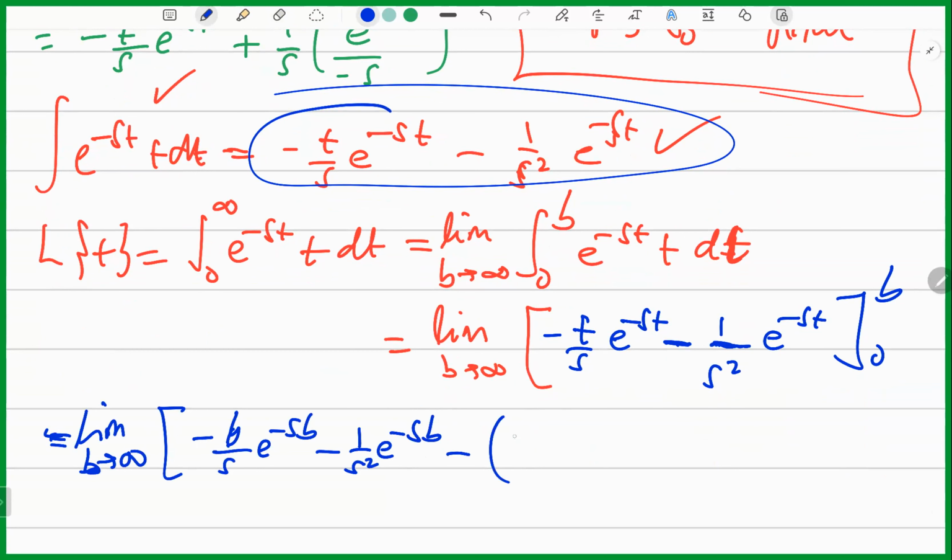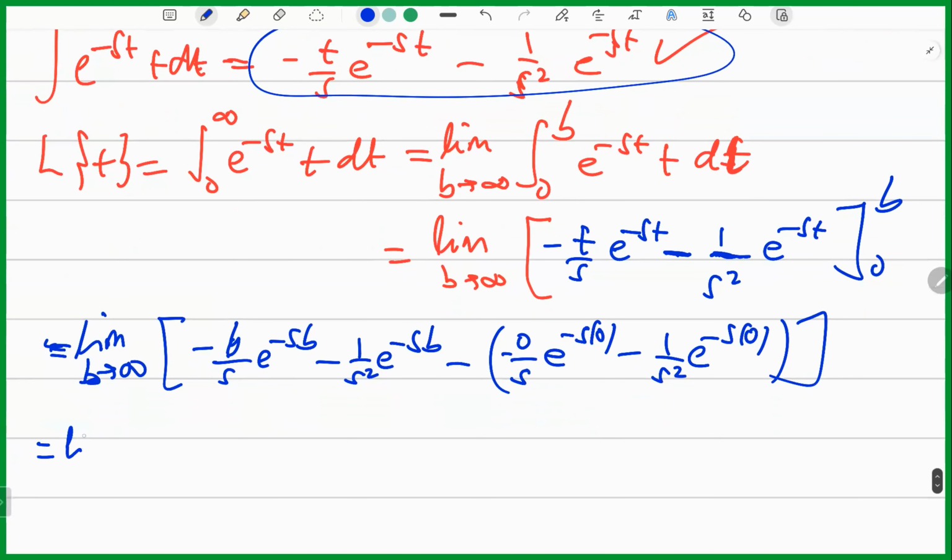So you put 0 in the place of t, it's going to be minus 0 over s, e to the minus s times 0. Wherever there is t, we put 0. And this is what we get. And then we have the limit as b approaches infinity.